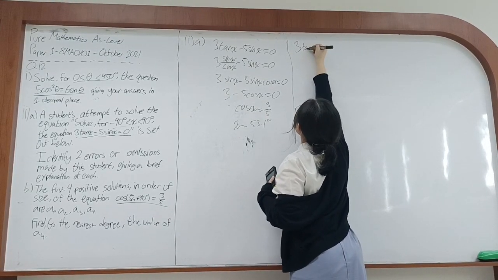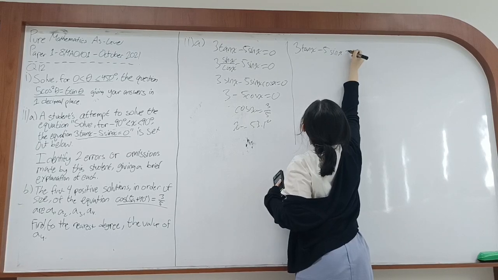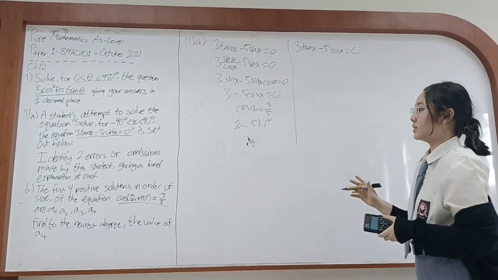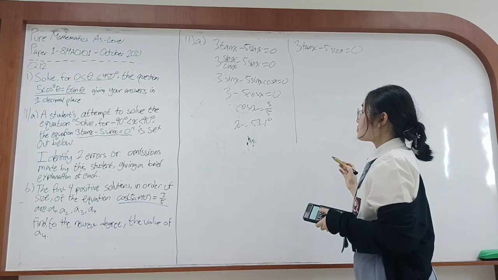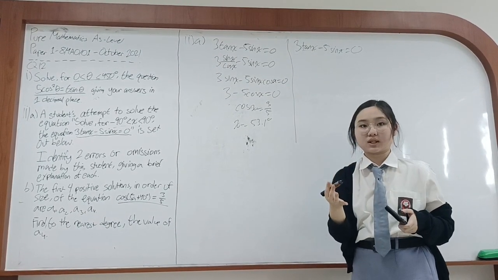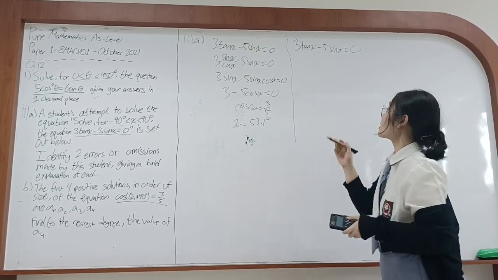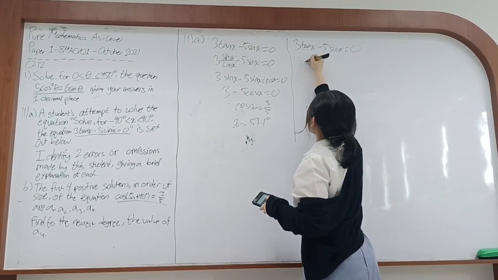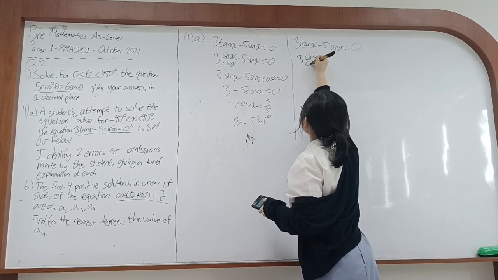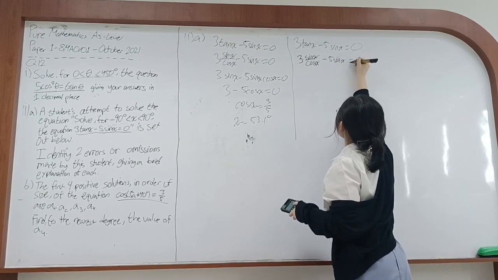So it's asking us for 3 tan x minus 5 sin x equals 0. The first thing we can do to solve the given equation is to turn tan x into one of its trigonometric identities, which is sin x divided by cos x. So let's do that now: 3 sin x divided by cos x minus 5 sin x equals 0.